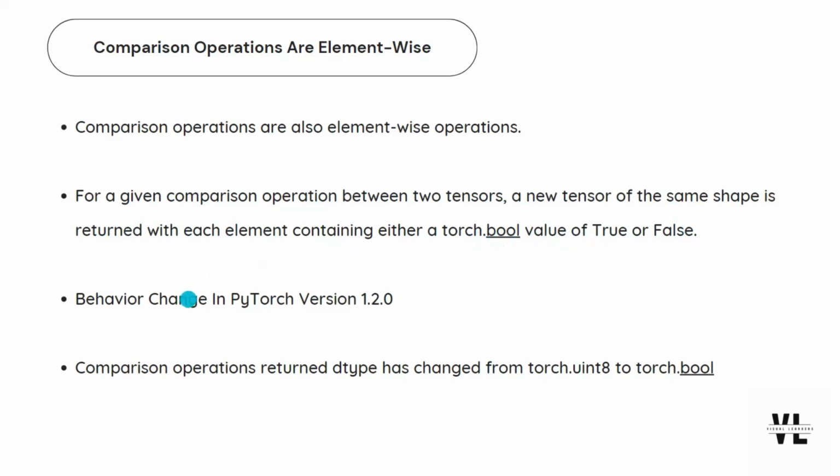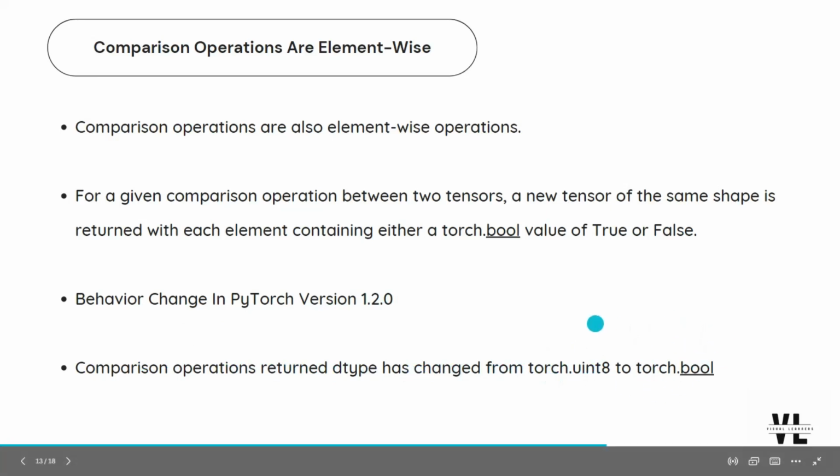And there is a behavior change in PyTorch version 1.2.0. Comparison operations return data type has changed from integer to Boolean.